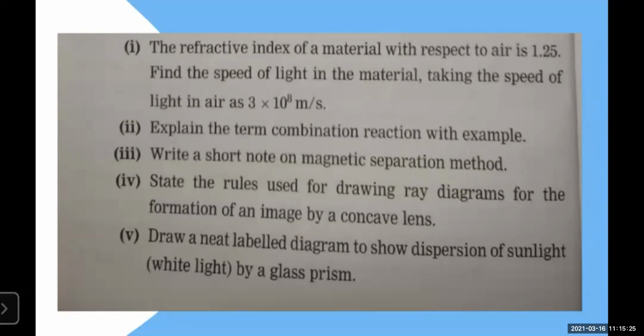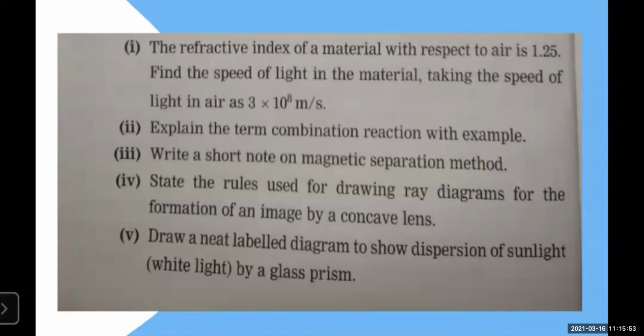Listen students, sometimes, if the speed of light in the air is not given, remember this, very important: the speed of light in the air is 3 into 10 raised to 8 meter per second. If it is about absolute refractive index and 3 into 10 raised to 8 meter per second is not given, you have to remember that the speed of light in the air is 3 into 10 raised to 8 meter per second.